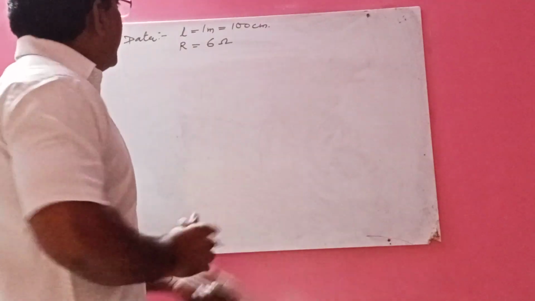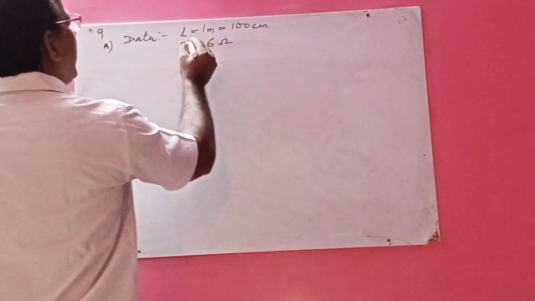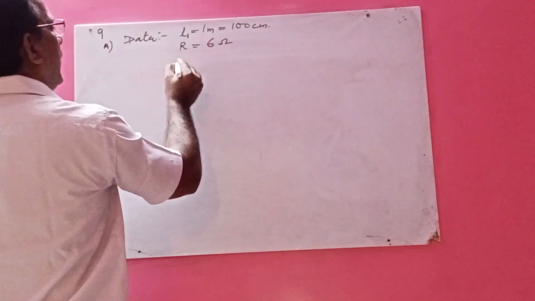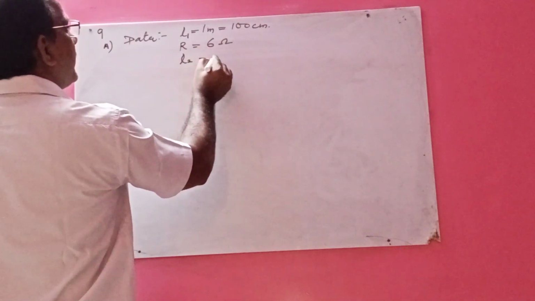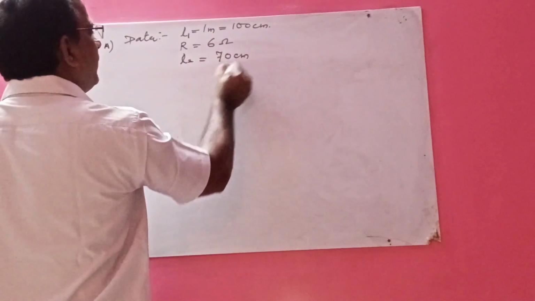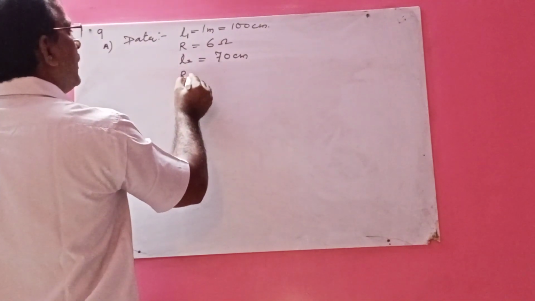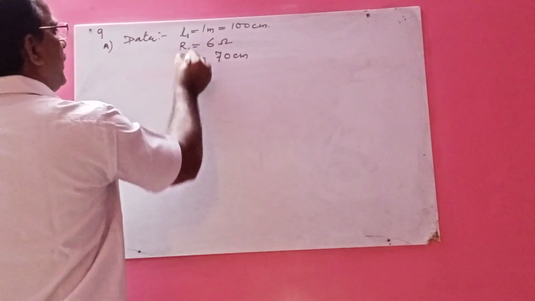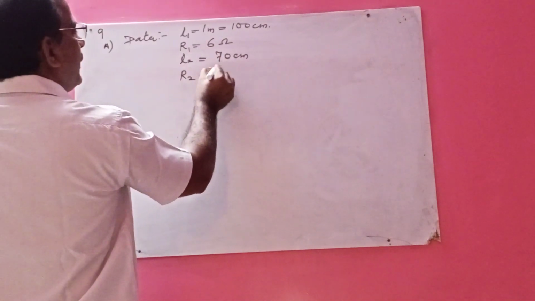So let this be L1, and L2 is reduced from 100, now it is reduced to 70 centimeter. So find out resistance. So again you take here R1 and R2.